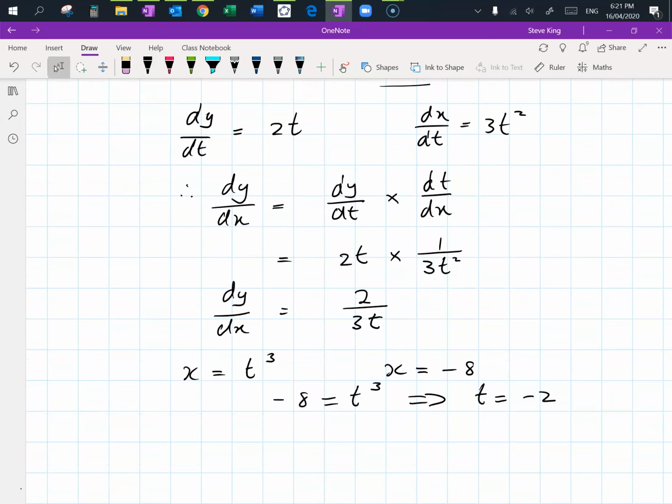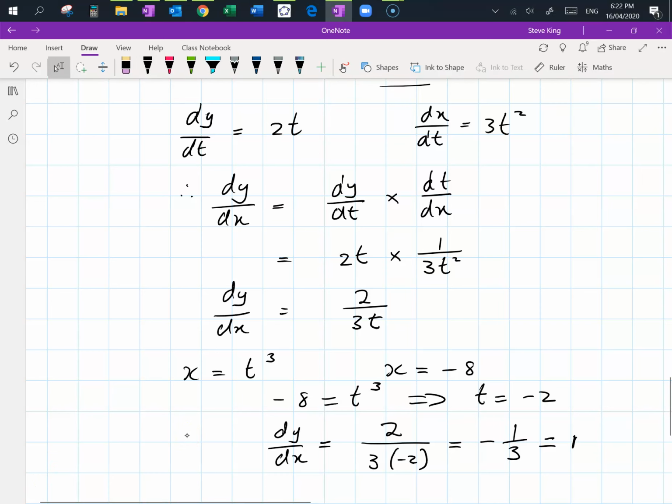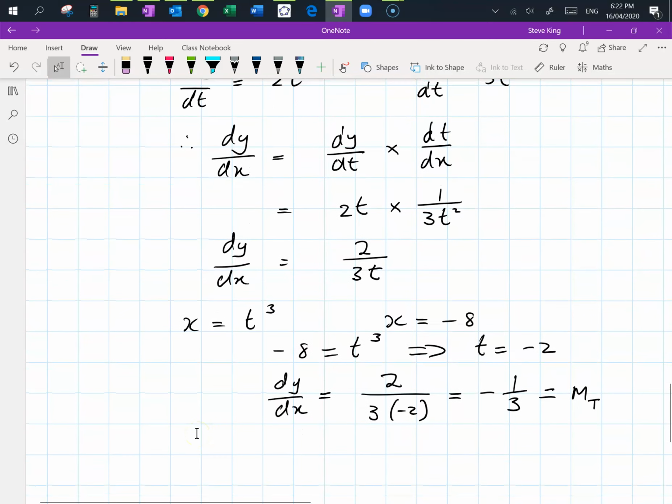In which case, dy/dx is going to be 2 over 3 times minus 2, and that's going to give me a value of minus 1/3. So there is the gradient of my tangent. I'm wanting the gradient of the normal, so the gradient of the normal is going to be the negative inverse of this, and that means the gradient of my normal is 3.